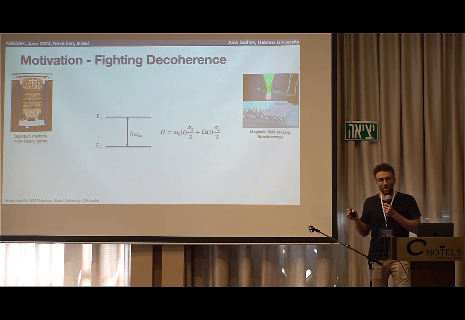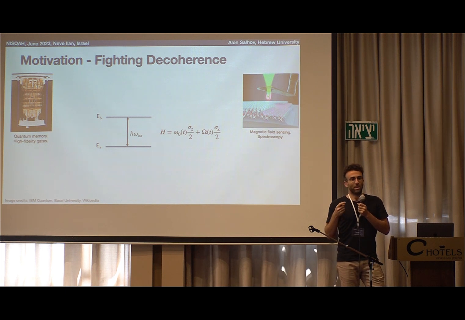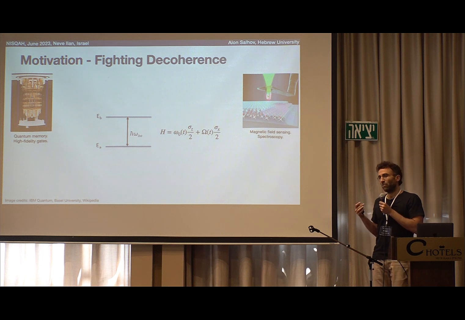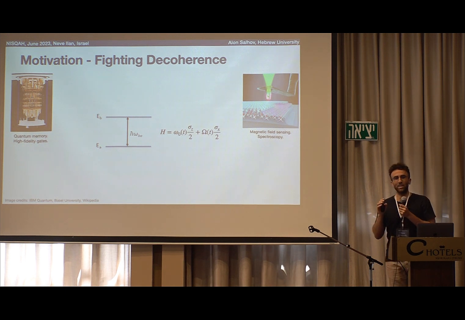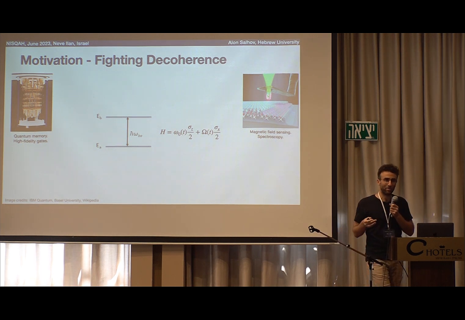There's a family of methods called dynamical decoupling, which are used for that. In these methods, we dynamically drive the system in order to decouple it from the environment, thereby prolonging the coherence. What I'm going to discuss today is a different principle than dynamical decoupling, but I'm going to compare and combine it with dynamical decoupling.